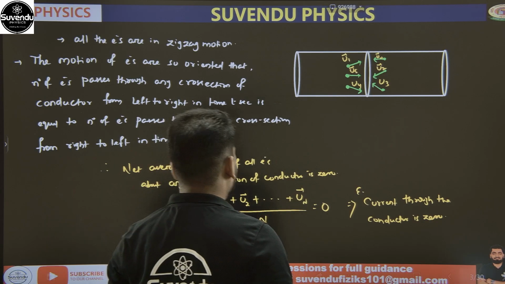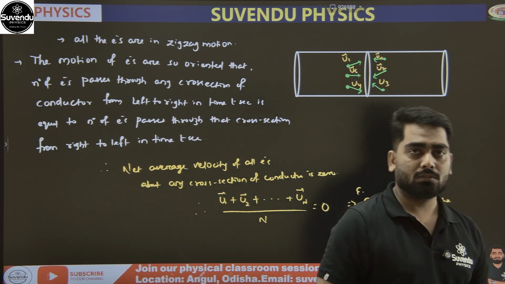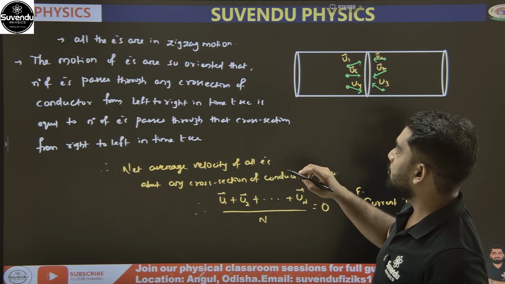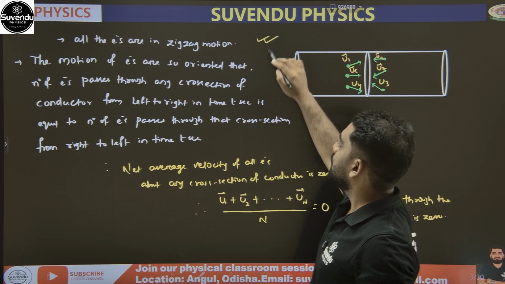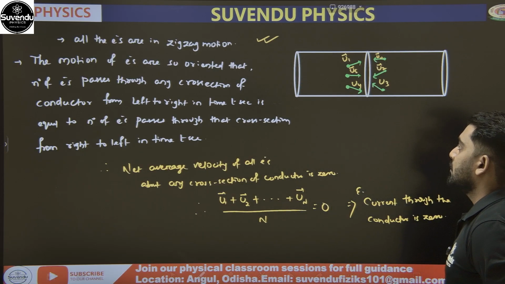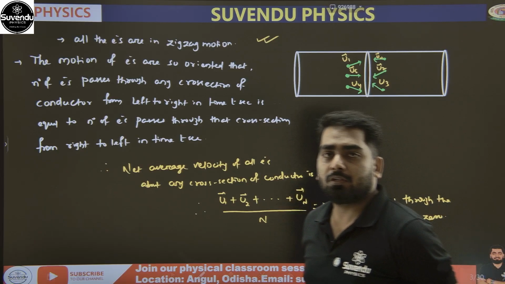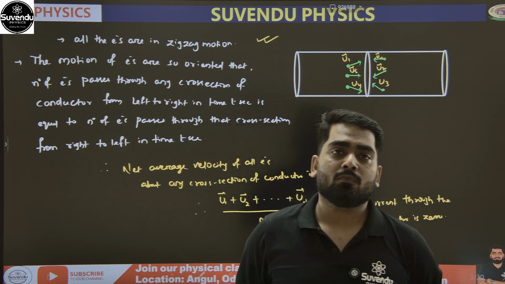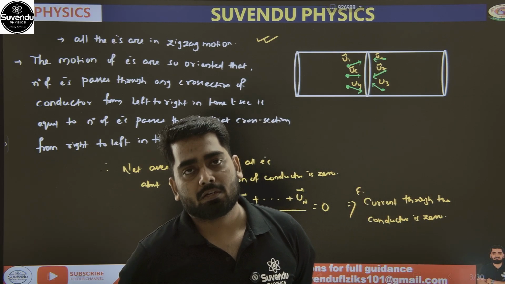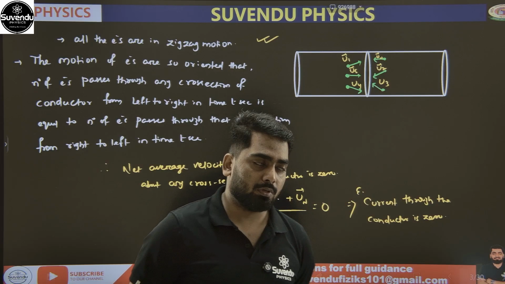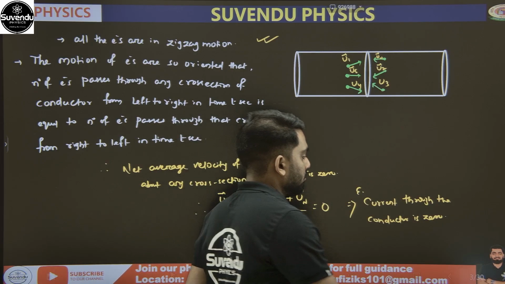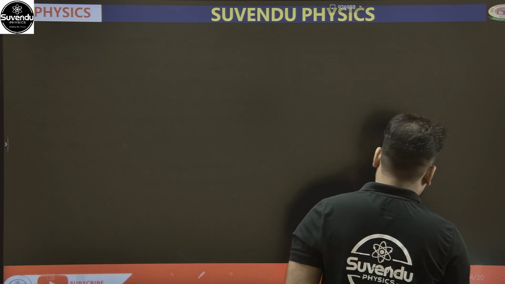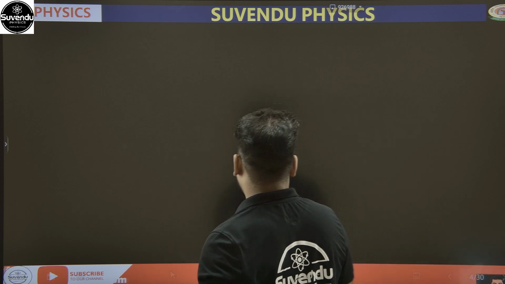All the electrons are having different velocities. Clear? Because of this zigzag motion or Brownian motion or random motion. So because of this reason, when conductor is not connected with battery cell, we will get the electric current value, that is 0 value.